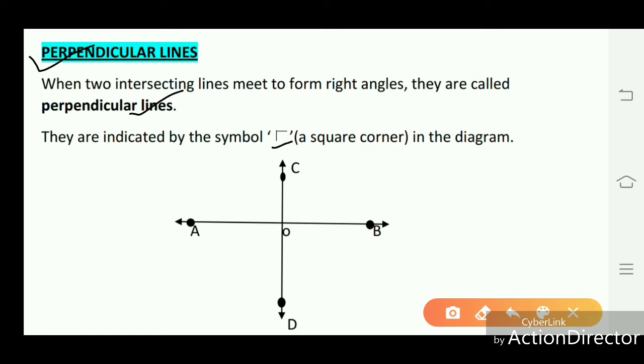Here we have two lines, line AB and line CD. These two lines intersect at a point O, and when they intersect, they make a 90-degree angle with each other. So line AB is perpendicular to CD, or line CD is perpendicular to AB.